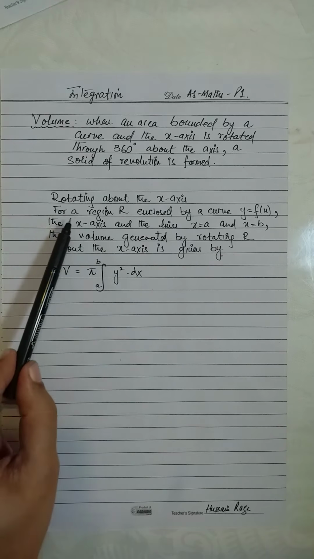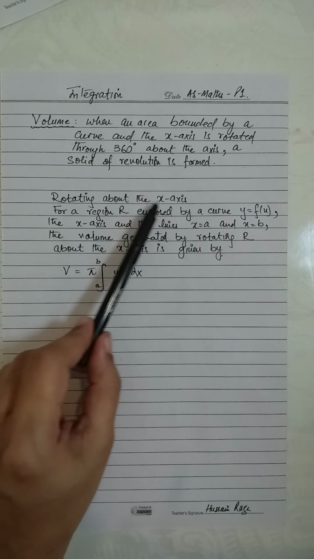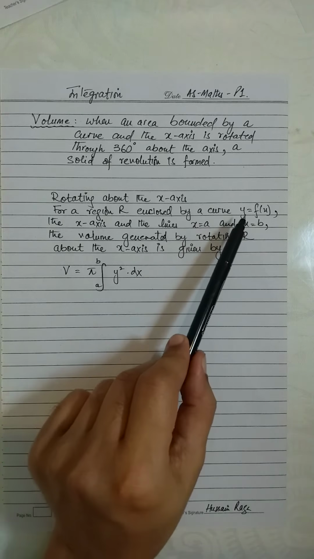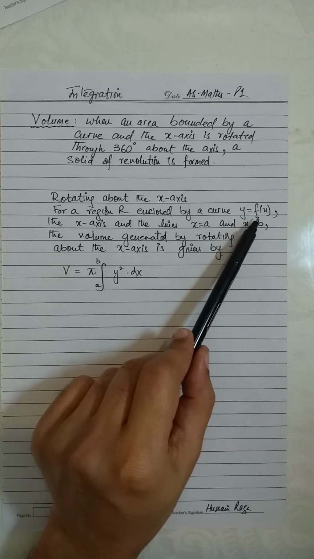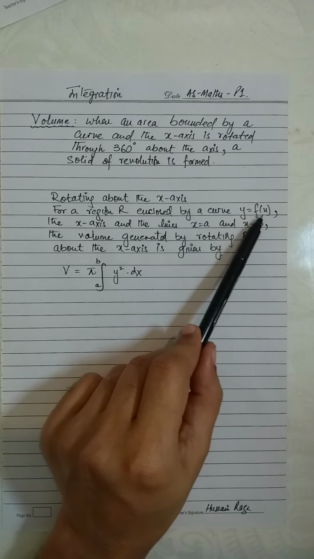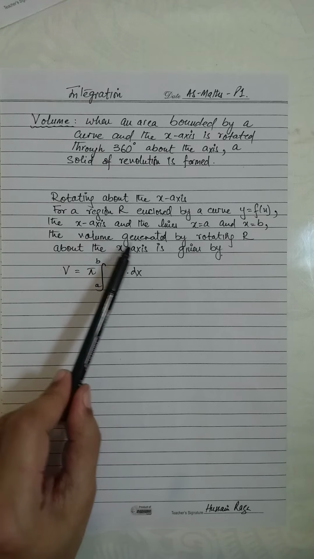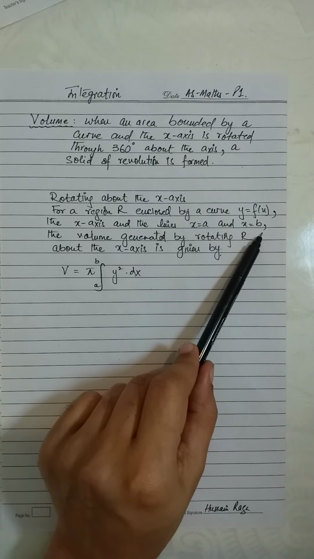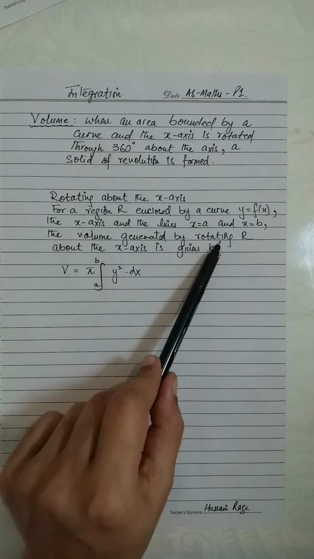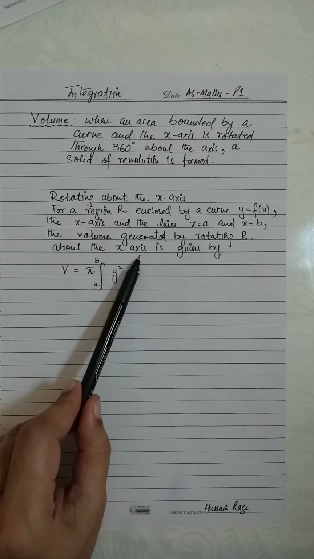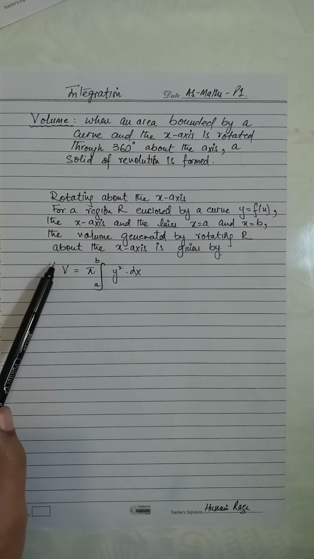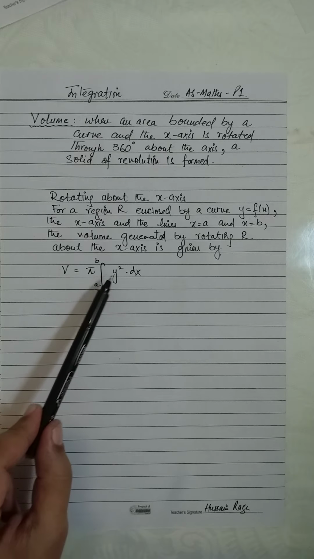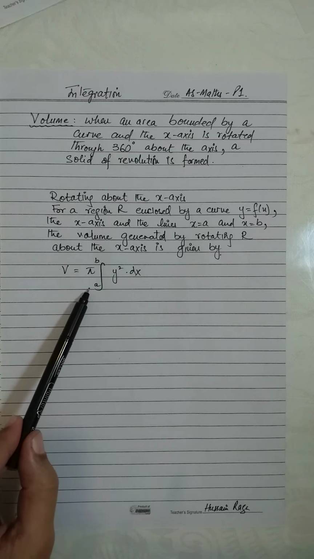Now over here it says rotating about the x-axis, for a region R enclosed by a curve, and the curve is in the form of y equals a function in terms of x, the x-axis and the lines x equals a and x equals b. The volume generated by rotating R about the x-axis is given by volume equals pi times the integral of y squared, with the limits applied.